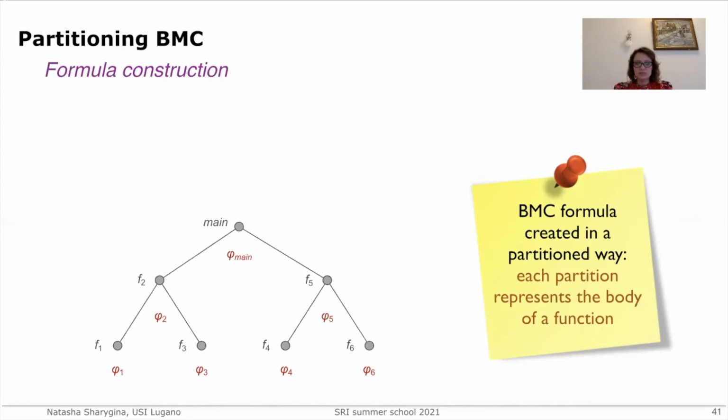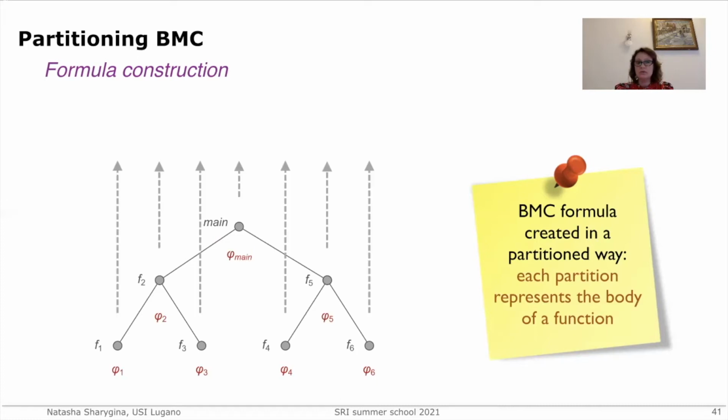For the sake of simplicity, we don't illustrate it here. We only focus on the functions. So what's going to happen is that we remember the information about how functions are called, who is the callee of each function, and construct a formula as a conjunction of these partitions. Each partition represents exactly the body of a particular function.